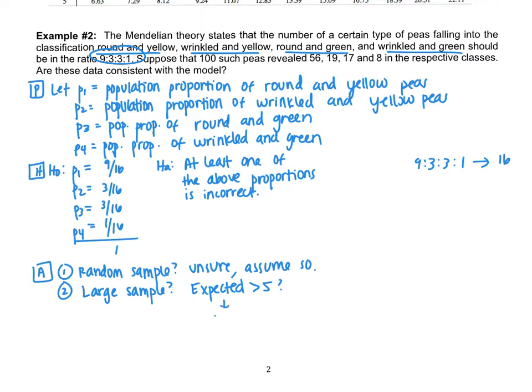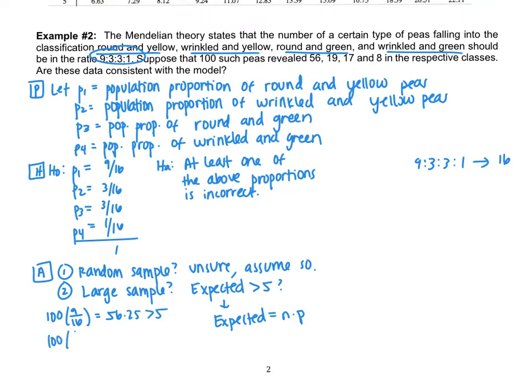The way you calculate those expected counts is you take n and multiply by p, p coming from the null. So our n is the 100 peas. So I multiply that by 9 out of 16, and I get 56.25, which is greater than 5.